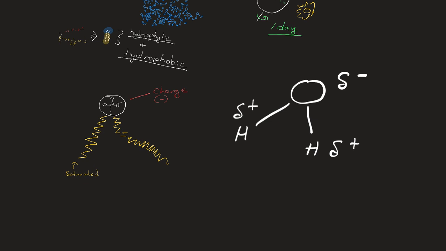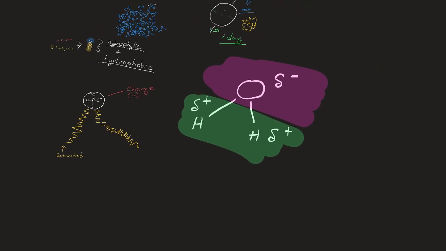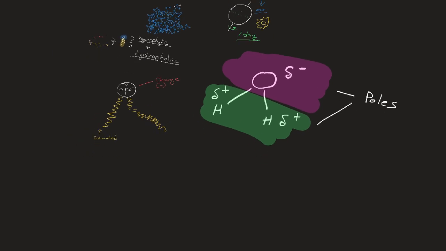One side is going to be positive, and one side is going to be negative. We call these poles, just like a magnet. So because of that, water is what? Water is polar. Very good.